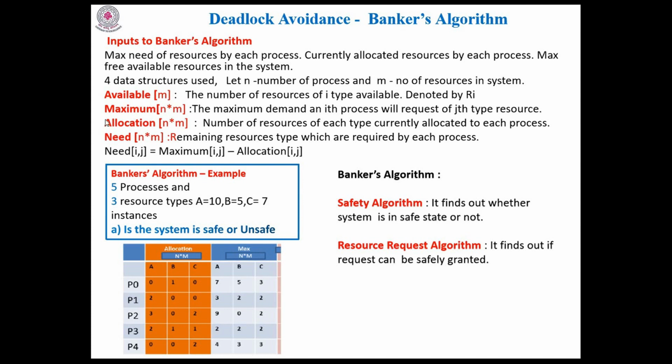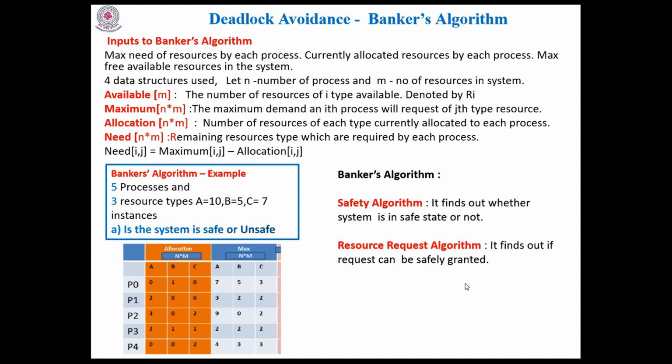And after allocation, the process may still require certain resources, on the basis of maximum and allocation. So need is equal to maximum minus allocation. That is, the process still requires the maximum minus allocation number of resources.